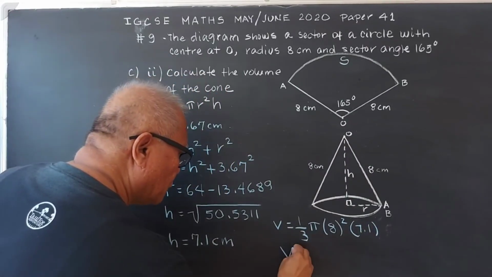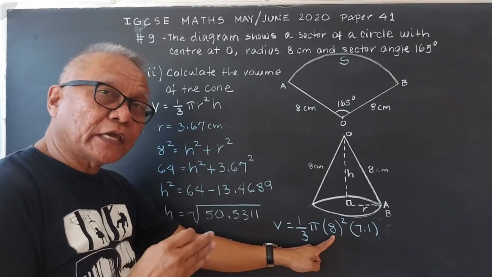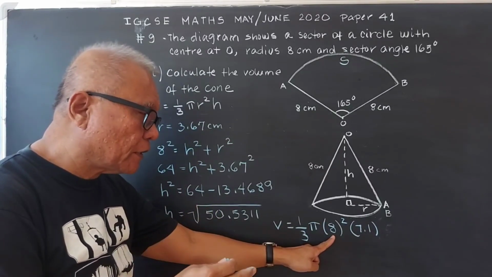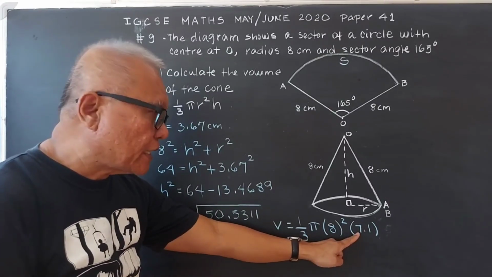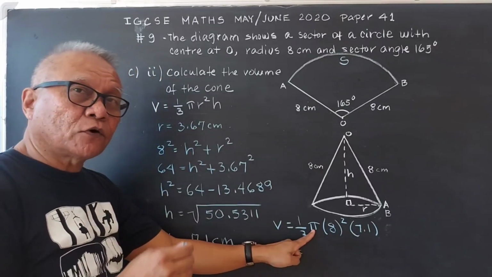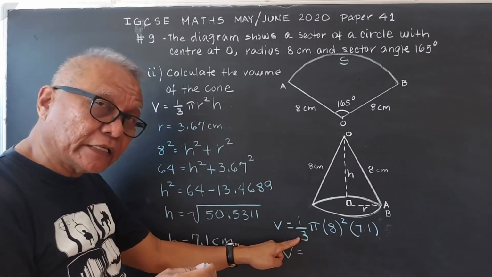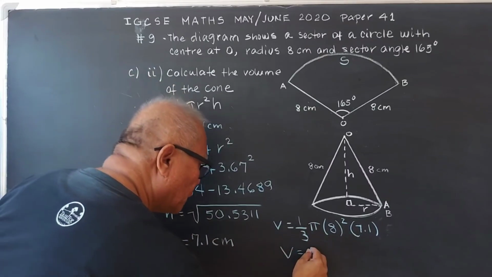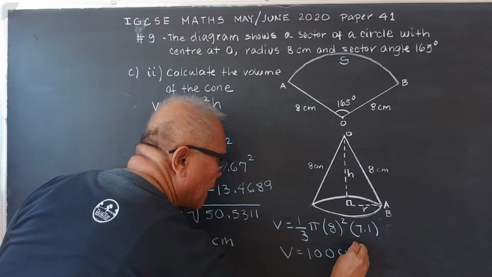For the volume, we have here 8 times 8, 64, times 7.1 times 3.142, and then divided by 3, that will give you a volume of 100 cm.